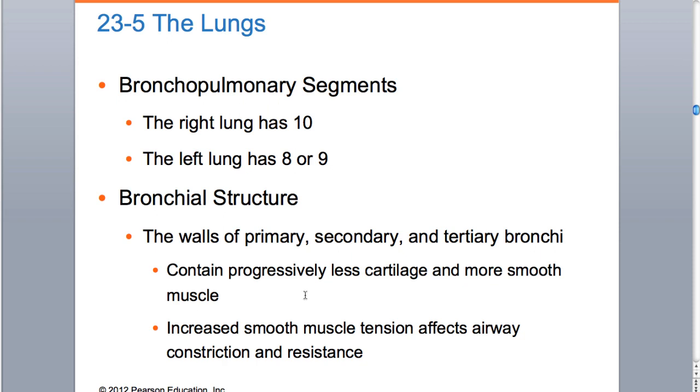This information down here is very important. Look what it says. Contains progressively less cartilage and more smooth muscle. Now, there is a theme that has been carrying over thus far, and that theme is very similar to the one in the blood vessel chapter.